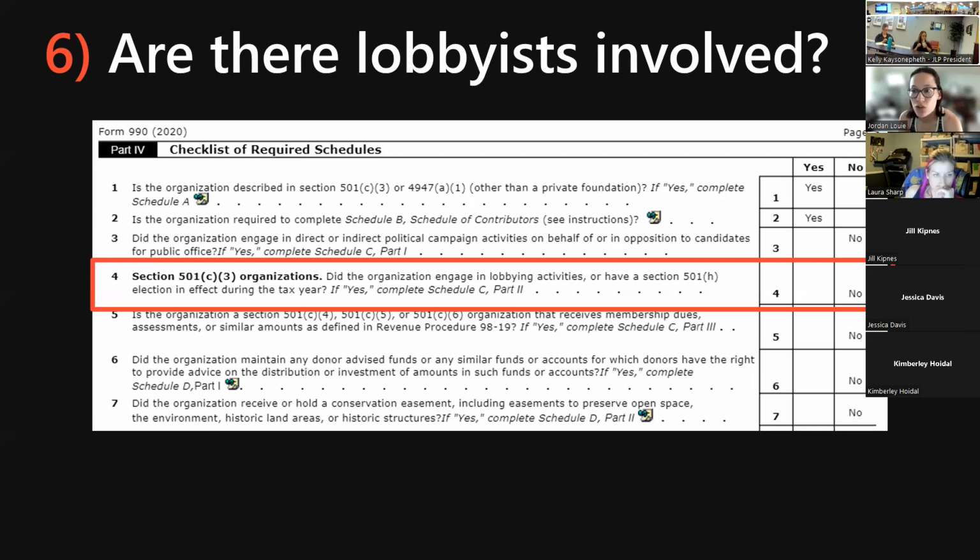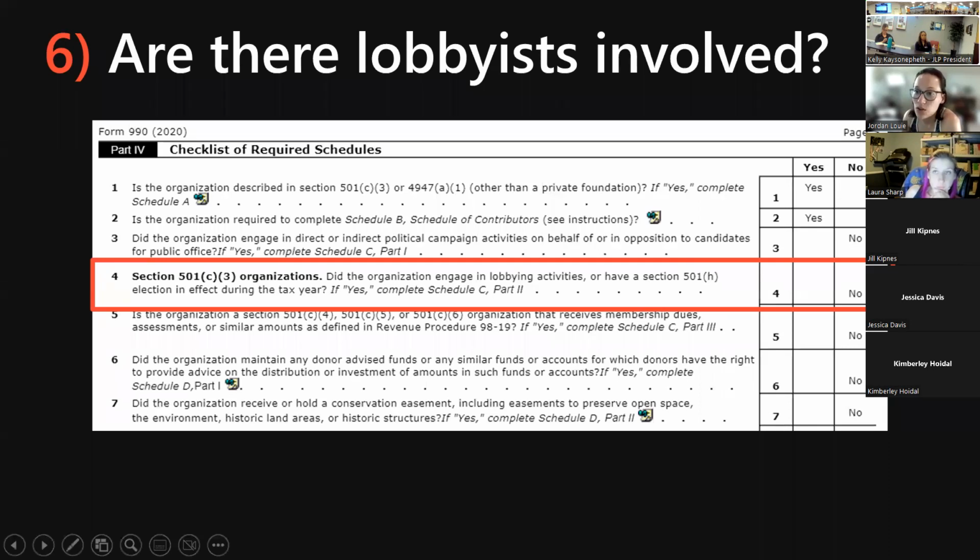So, Junior Leagues of Seattle have done a lot of work with foster youth. That may be an area that women decide to take on from a legislative standpoint. So you can do, again, section 501H elections, called a 501H election.